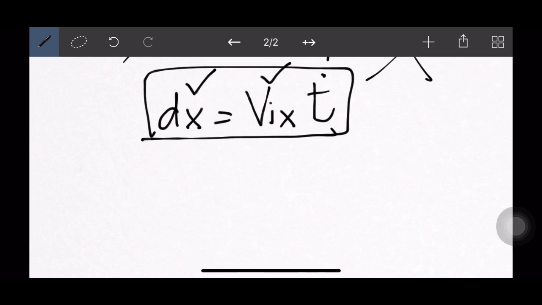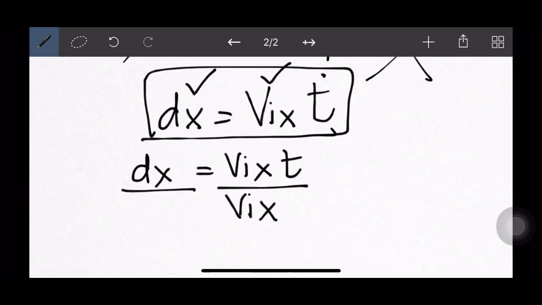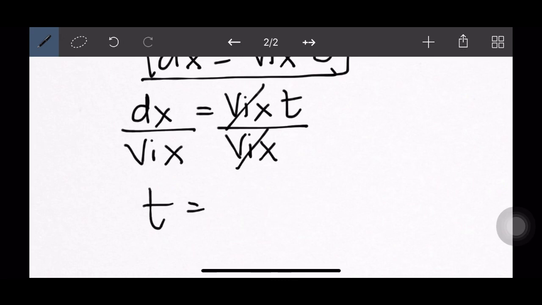So using algebra, we have your dx is equal to vix times time. So we divide both sides by vix to cancel, so we have here t is equal to dx over vix.